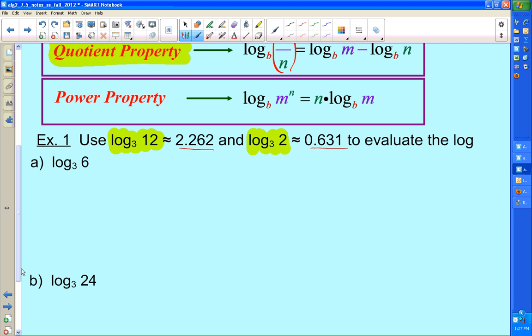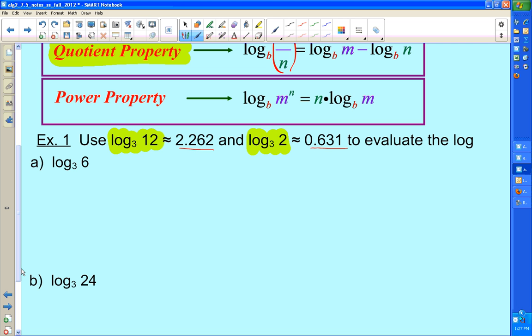The decimal values have no value to us right now at all. Well, 2 times 6 equals 12. That's true, but we don't have 6. We only have 12s and 2s, and I want to rewrite this using 12s and 2s.